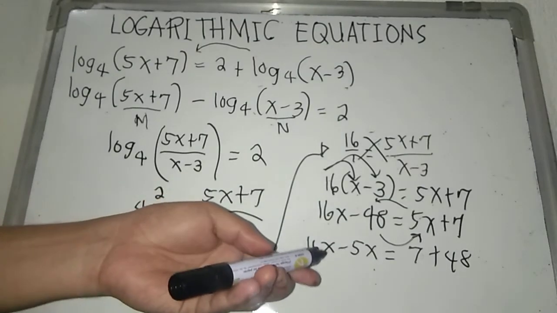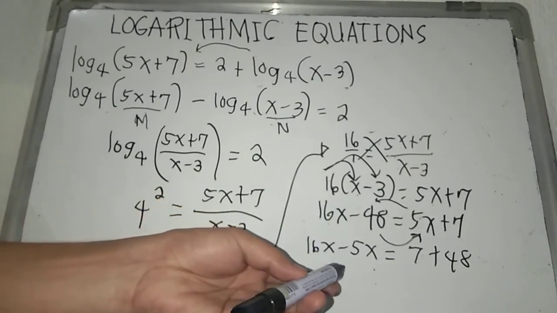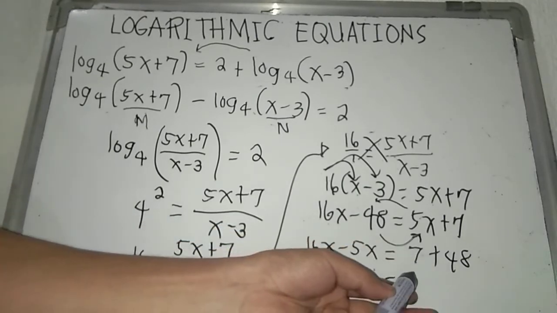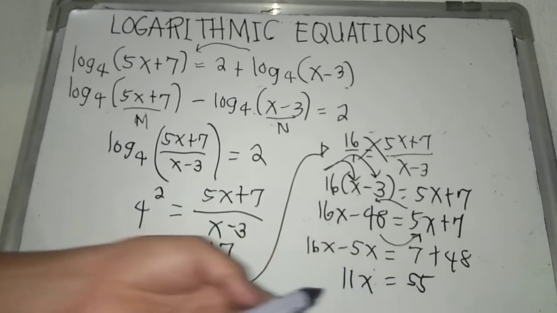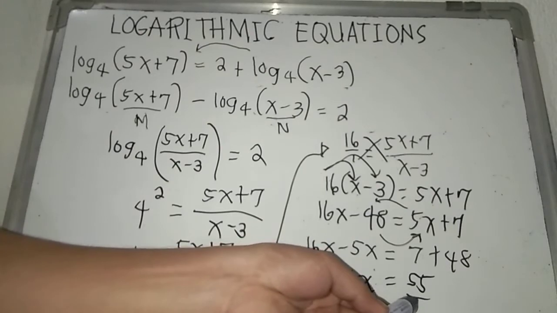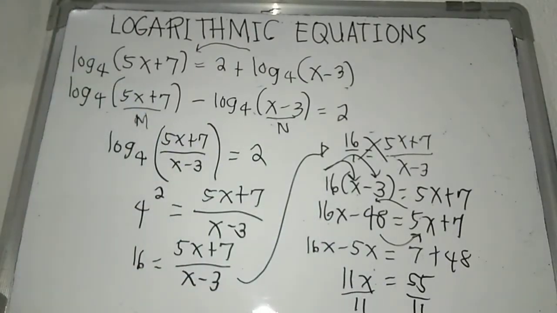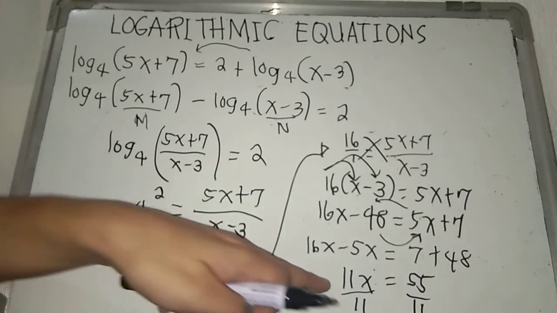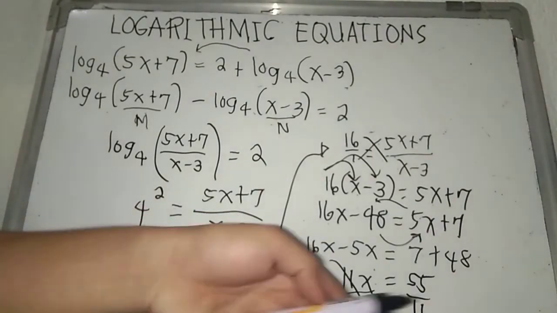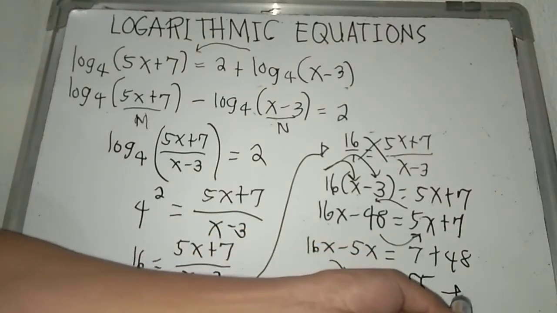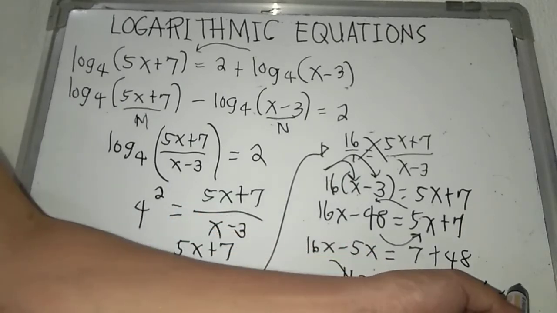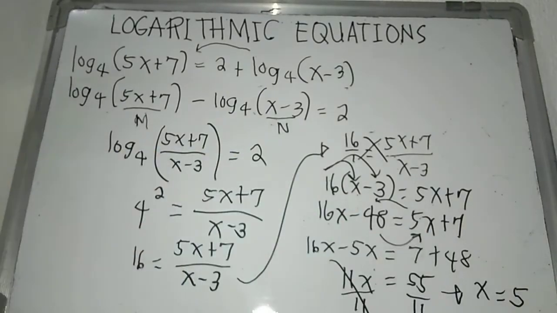But what is 16x minus 5x? It will become 11x, which is equal to 7 plus 48, which is 55. So in solving for x, you are going to divide both sides by 11, and then cancel 11 over 11. What's left on the left? We have here x. Now what is 55 over 11? This is 5.